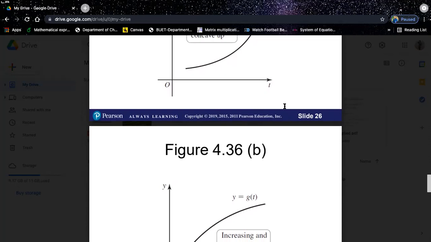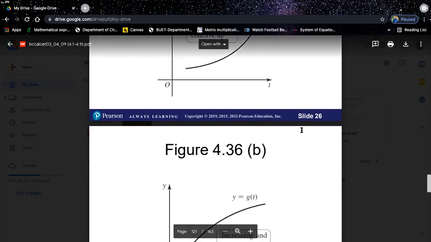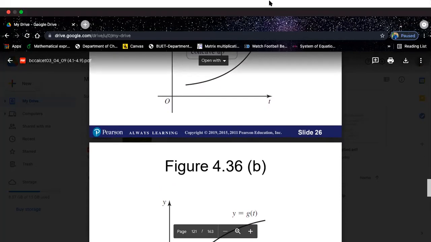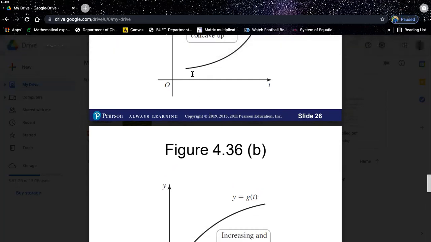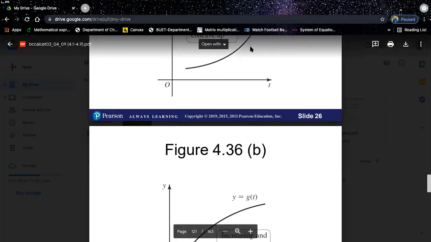Maybe not completely, but at least can you see most part of it? Okay, so you can see both these graphs are increasing, right? As we are moving to our right, both these graphs are on the rise. It's definitely increasing as we are moving to our right.